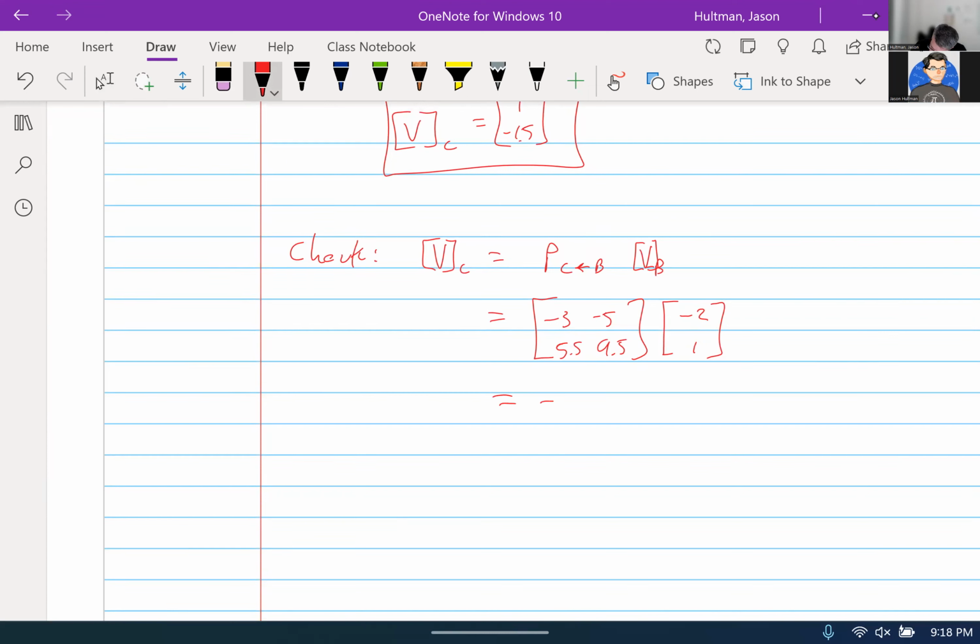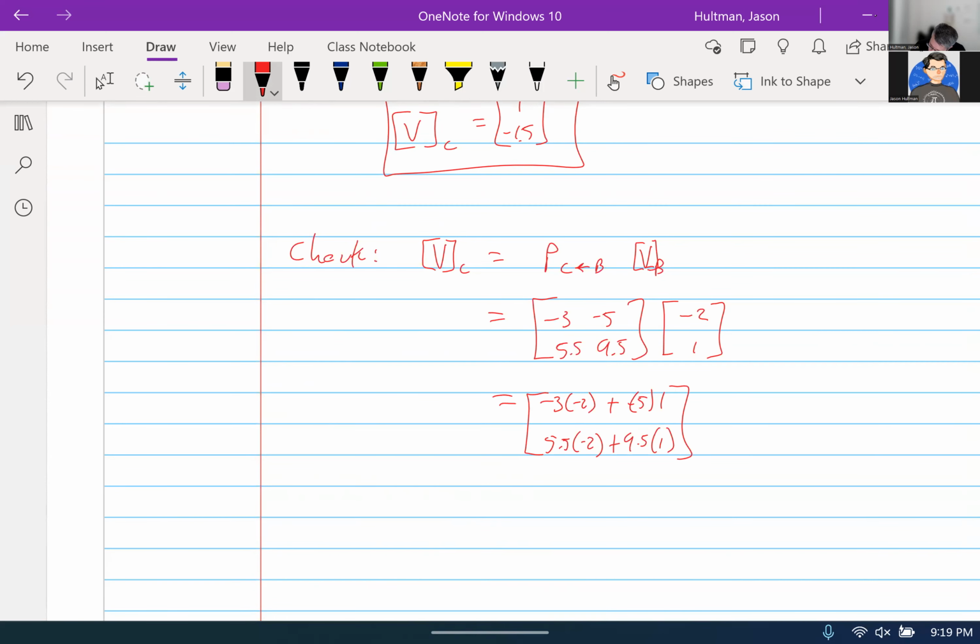That's going to become -3 times -2 plus -5 times 1. That's going to be my top component. And then my bottom component is going to be 5.5 times -2 plus 9.5 times 1.